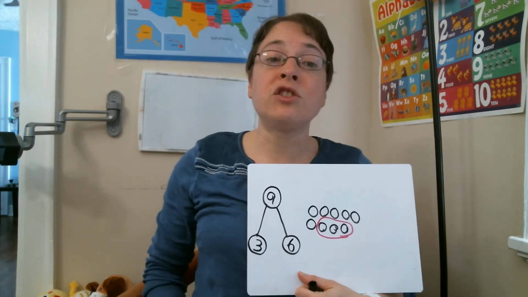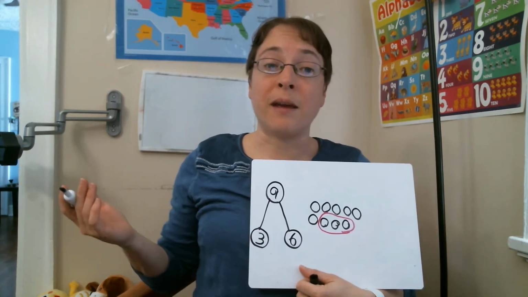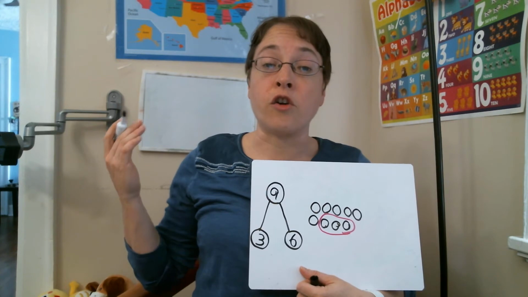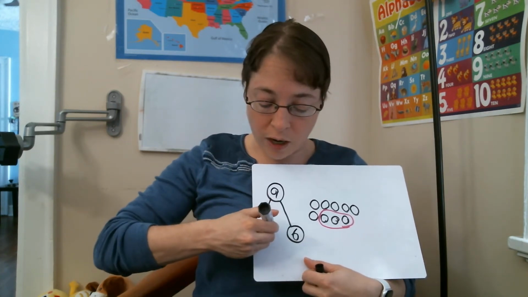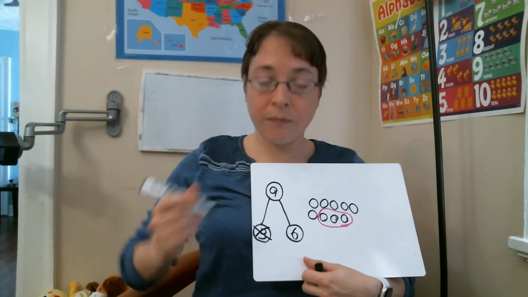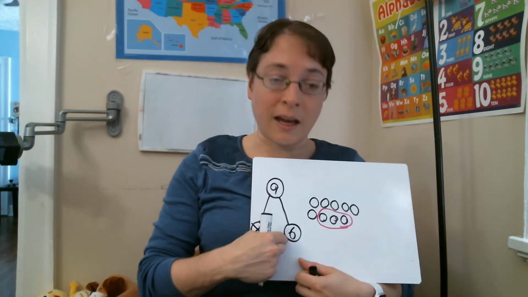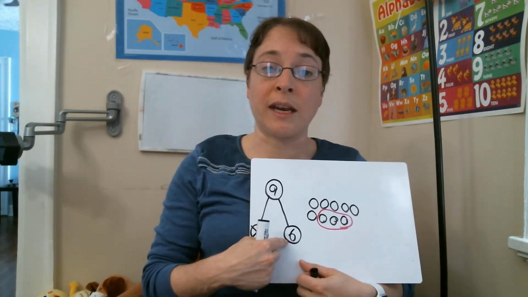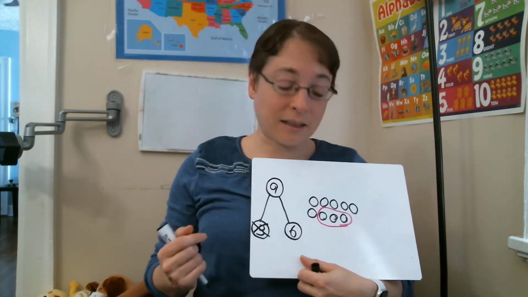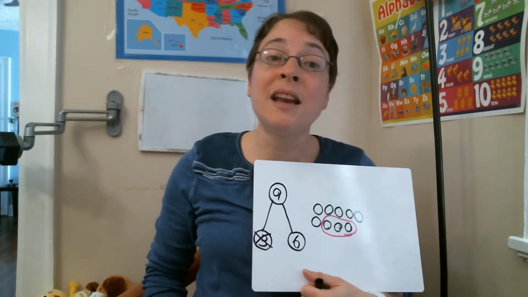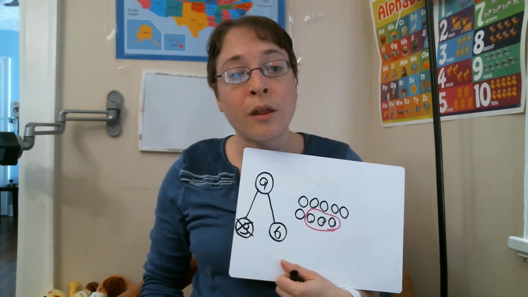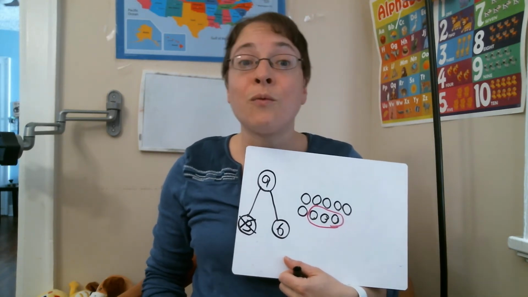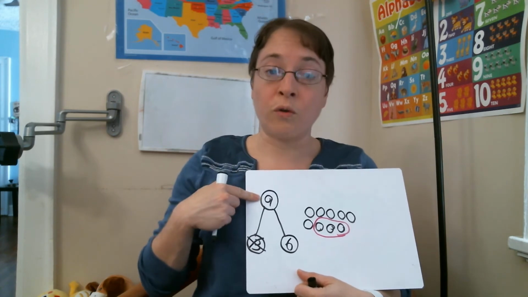Now, can we show how many are not green? So we're going to cross out the 3. So we know that how many are not green? 6. So let's write a number sentence. What number do we start with? We start with the whole, 9.